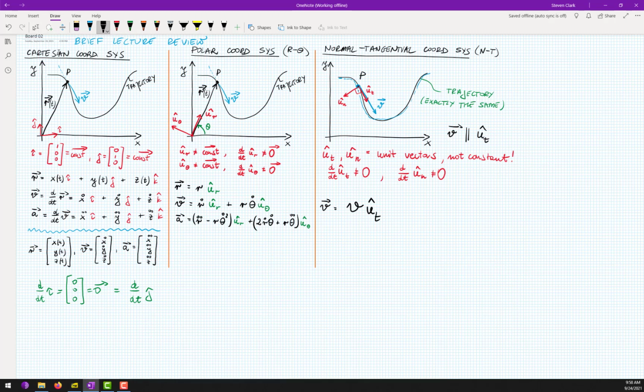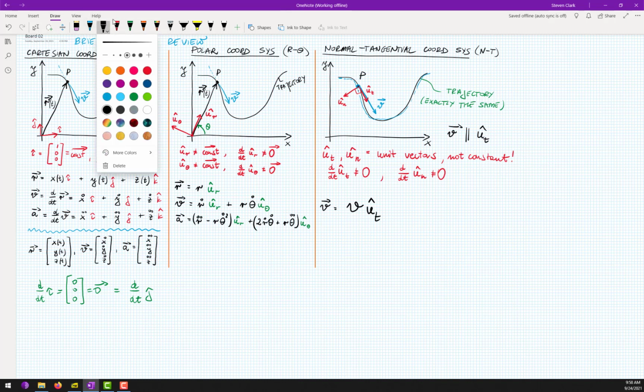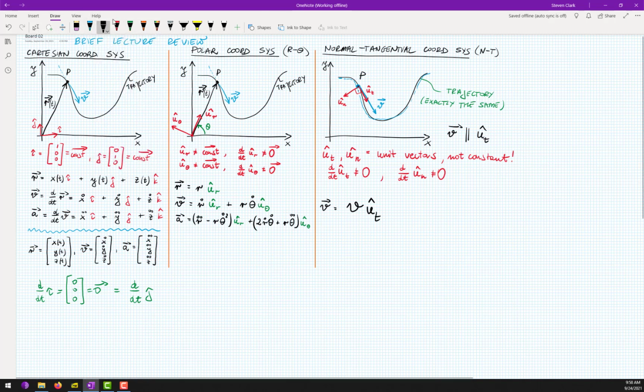All right, just to prove to you that u_t and u_n change their orientation, that they are not constant. Let's say our point P is here at time instant 2 seconds, okay? Let's say that at time instant 5 seconds, our point P will be here, okay?